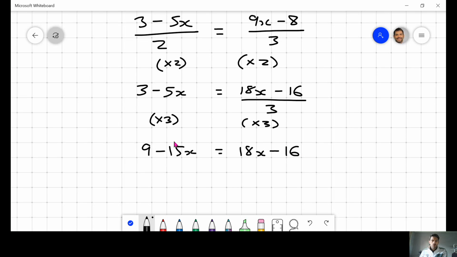Then we're looking for the smaller number of x's, the lower coefficient, so it's negative 15x, and we have to do the inverse. So we have to add it. Hopefully you've noticed when you've been practicing. The reason we can't always take it away is if we take away 15x, we end up with negative 30x. So we've still got unknowns on both sides, which doesn't help. 9 equals 3x minus 16.